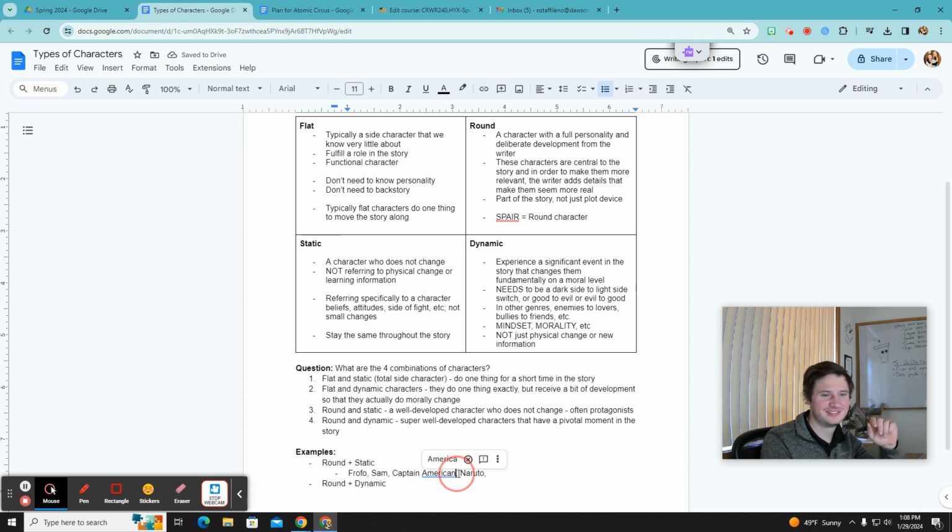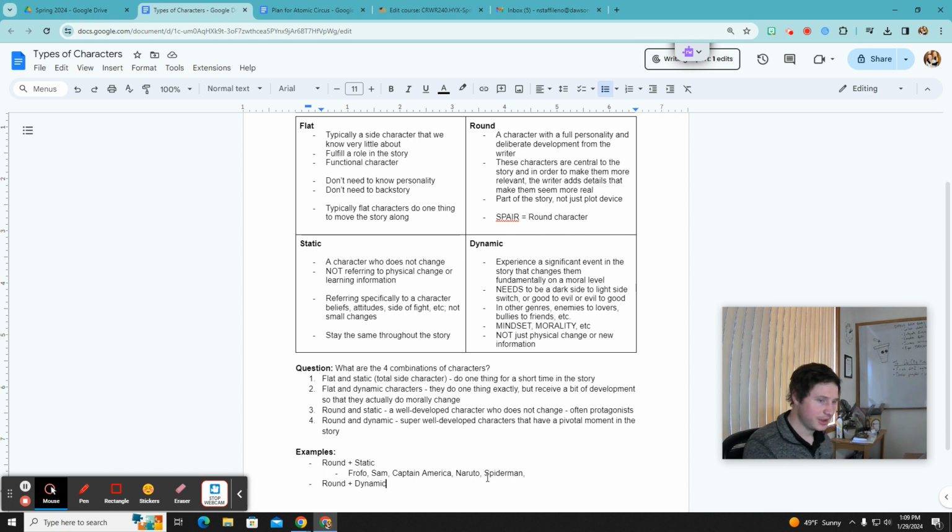Oh, brother. Spider-Man, even? Yeah, he changes because of Uncle Ben's death, but he never significantly changes sides or changes morality. Again, beautiful characters can be round and static. Spider-Man. And people will argue with me about this list, and I'm fine with that. You can argue all you want. I truly just want you to understand it, though.